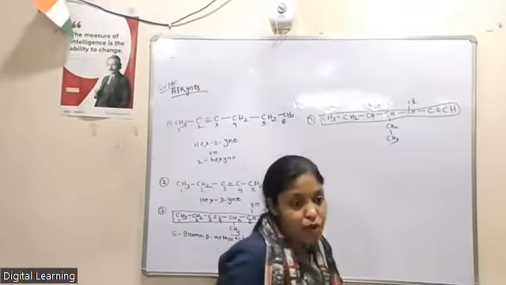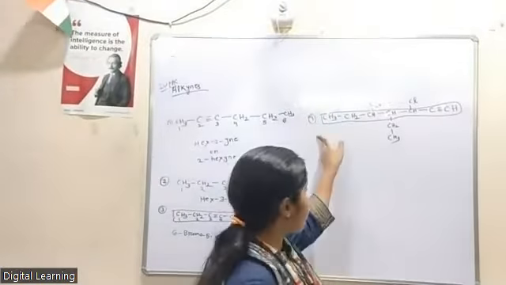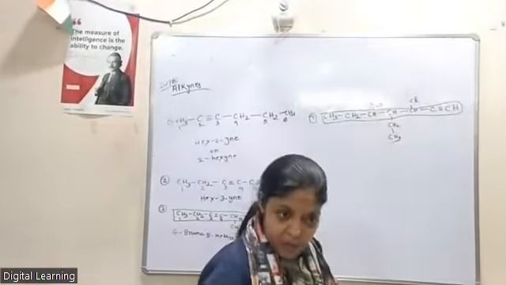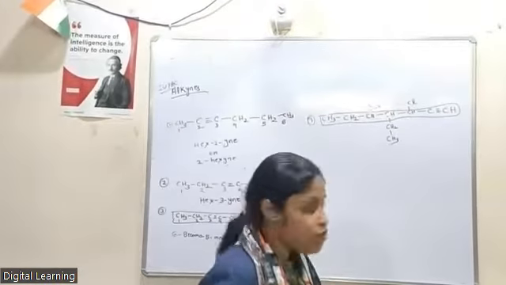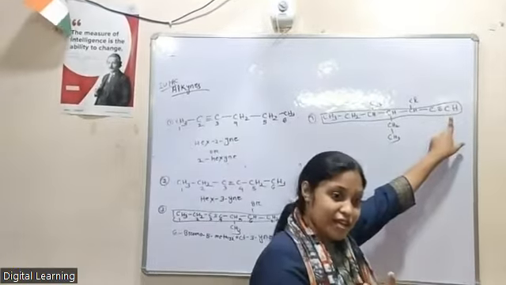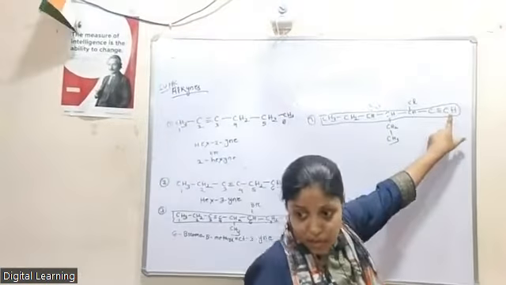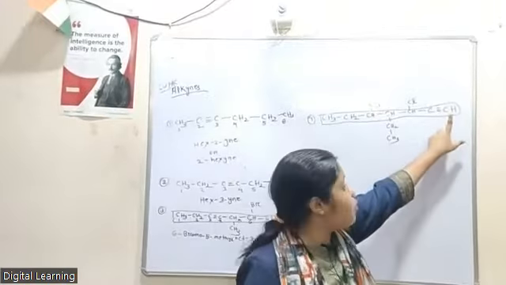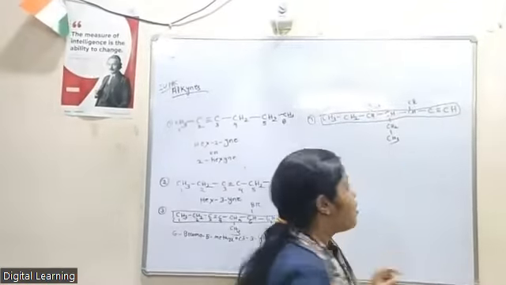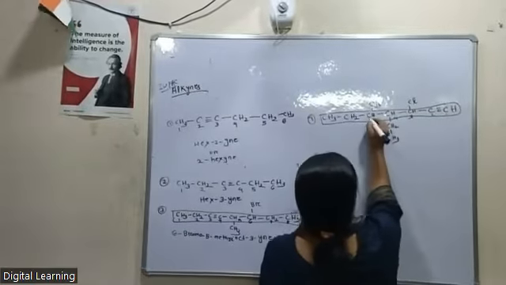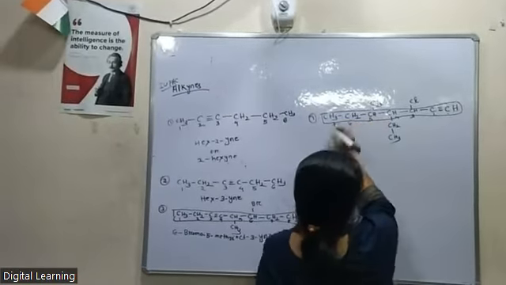Then we have to number the carbon atoms from either side, depending upon the position of the functional group as well as the substituents. So from this side, the triply bonded carbon atom will get 1. So the nomenclature will be done from this side. So 1, 2, 3, 4, 5, 6, 7.